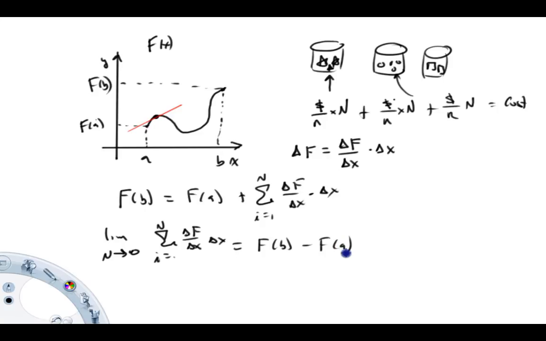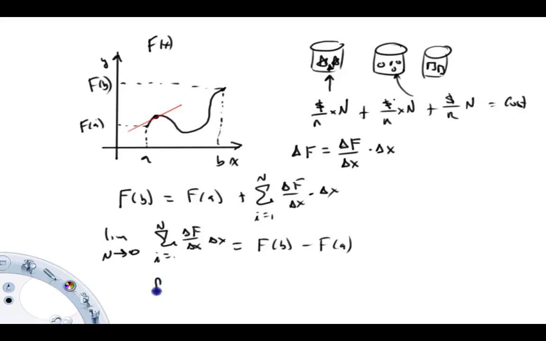Now, as n goes to infinity, this sum becomes an integral. This becomes a df, a dx, and this becomes a dx. If we have an infinite number of rectangles, each becomes infinitely small. And this is what the integral is.